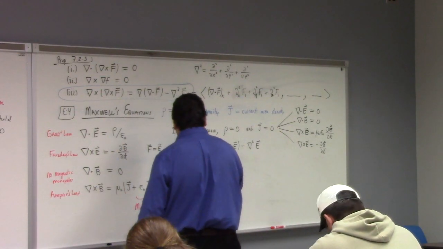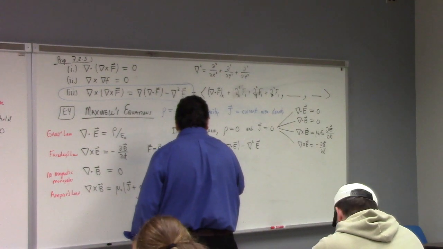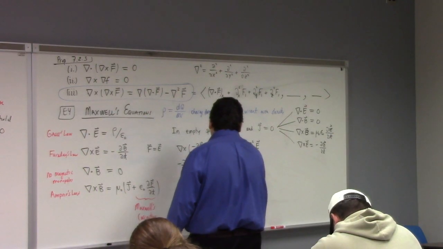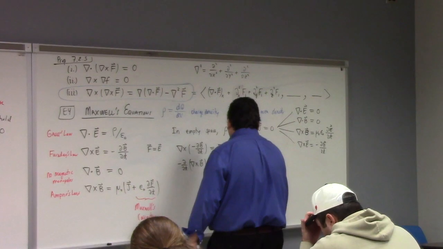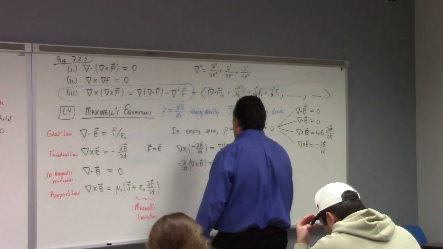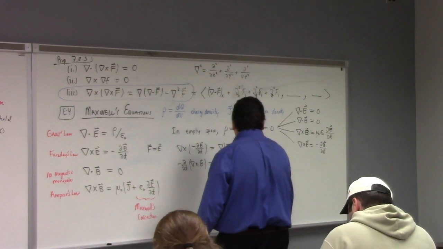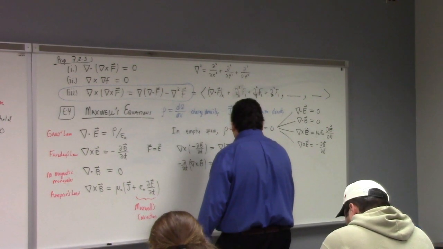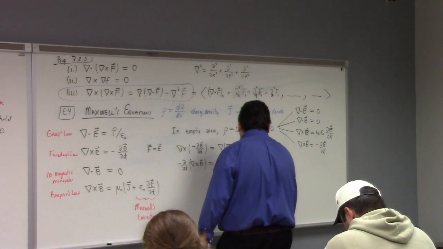And that gives me partial T of the curl of B, which gives me mu naught epsilon naught partial squared E partial T squared, equals minus nabla squared E. I'll get out of the way here in a second.